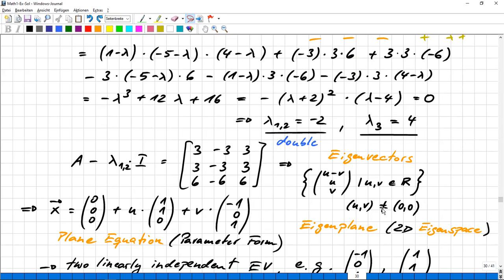eigenvector. But if you don't see clearly that this must be a plane described by this set, it helps you to put it in a little more familiar form, which you know from school, from the topic of analytical geometry, where you talked about the parameter form of a plane equation with 2 parameters and two direction vectors spanning this plane. You remember?